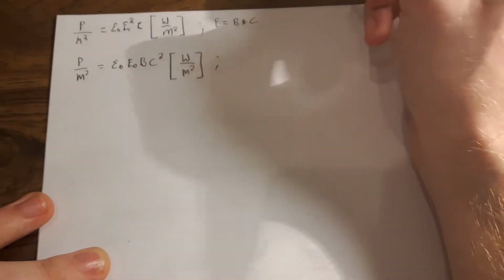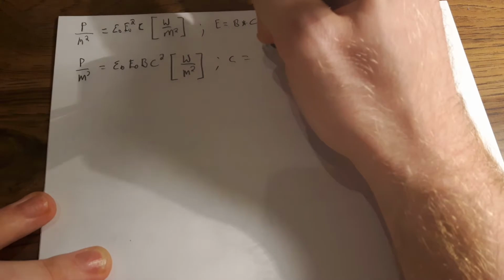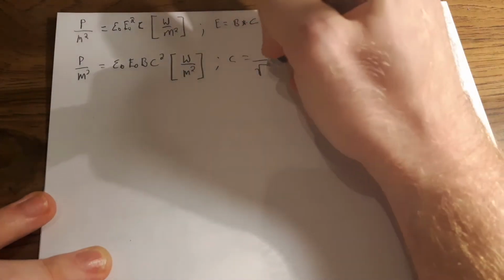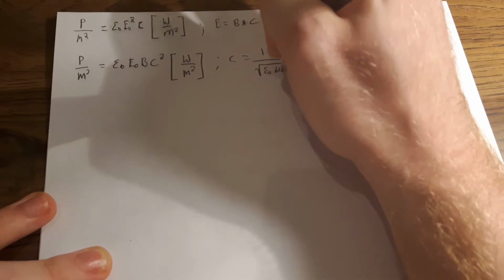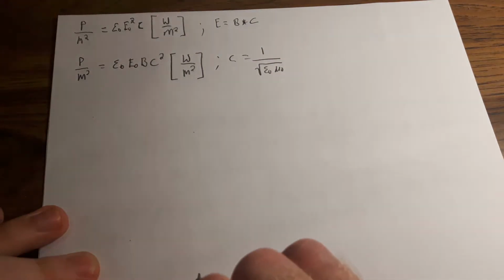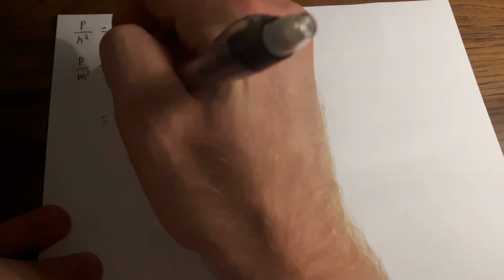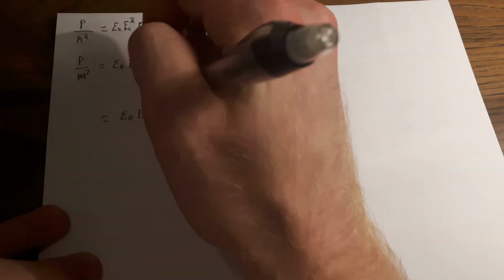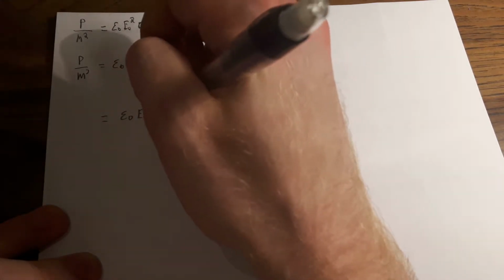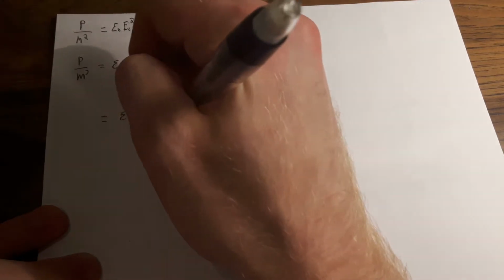And again, we know that C is equal to 1 over the square root of epsilon naught mu naught. So this expression becomes epsilon naught E naught times B naught times 1 over epsilon naught mu naught.